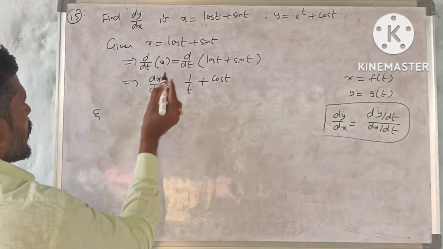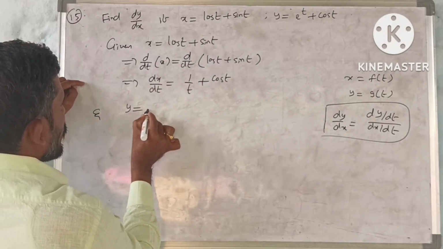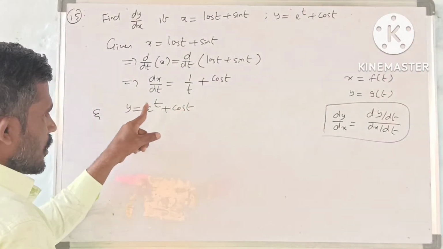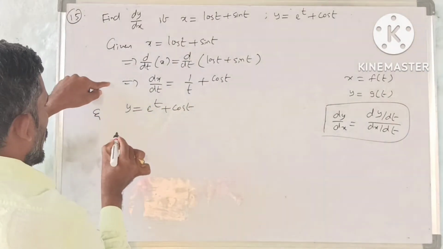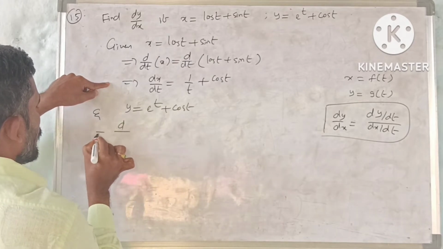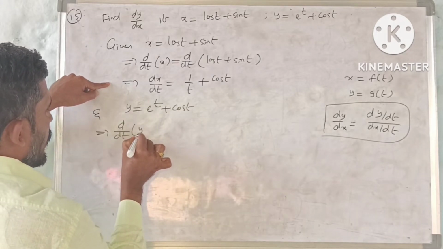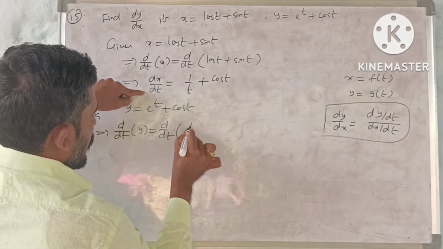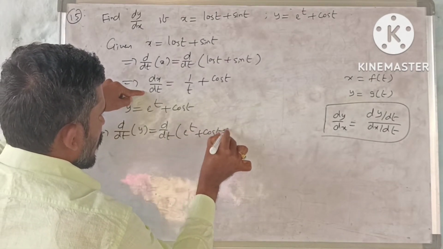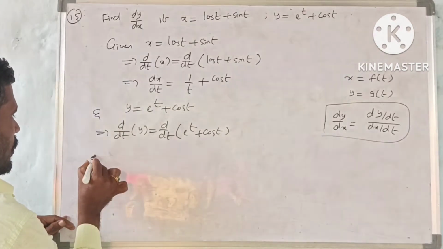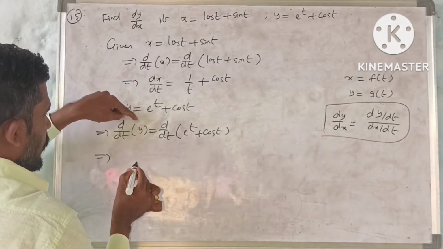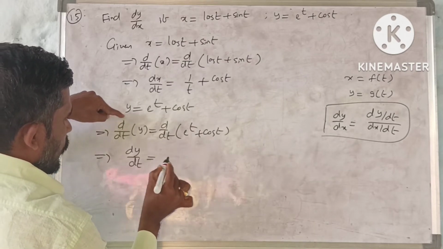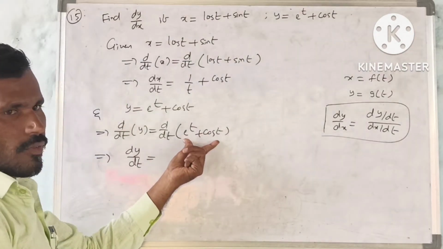In the same manner, take y, given y is equal to e power t plus cos t. Y is also in terms of t, so take the derivative with respect to t, d by dt of y. This can be written as dy by dt, the derivative of the whole is the derivative of each term.